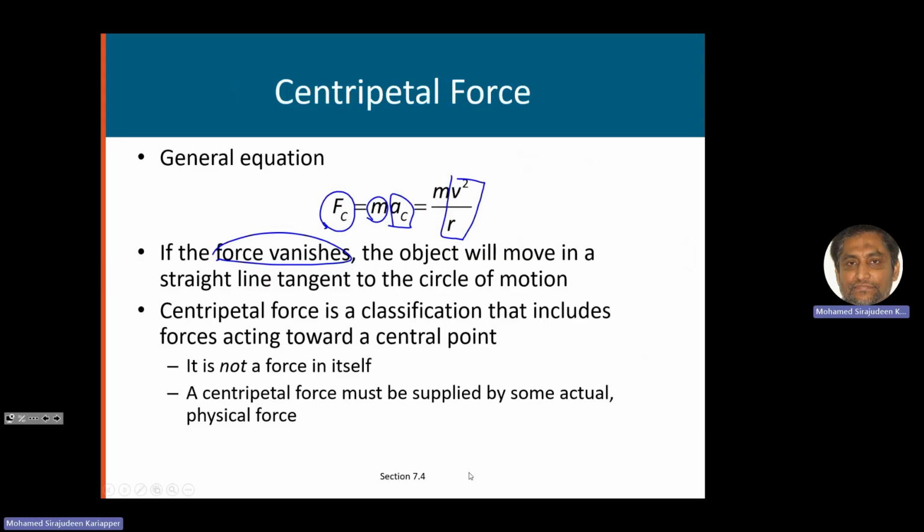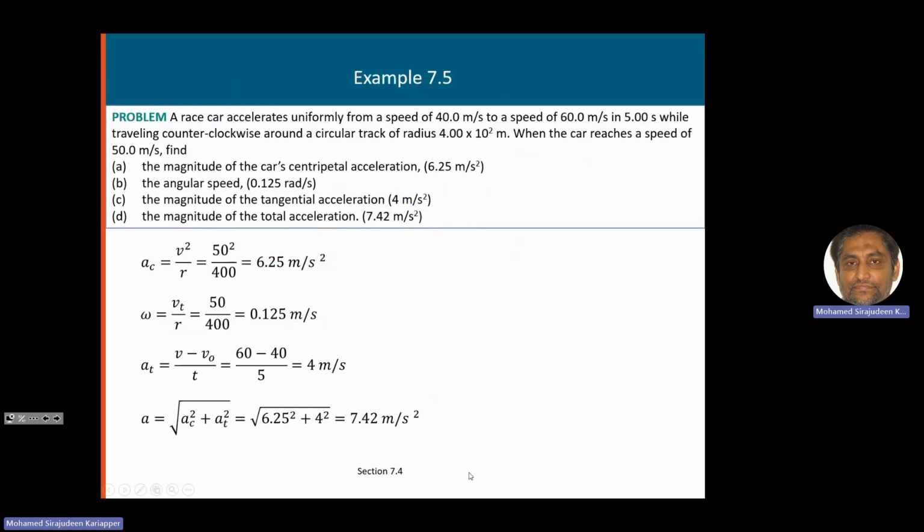The name centripetal force is just a classification that includes all the forces acting toward the central point of the circle. By itself, it's not a force in itself. So centripetal force must be supplied by some actual physical force.